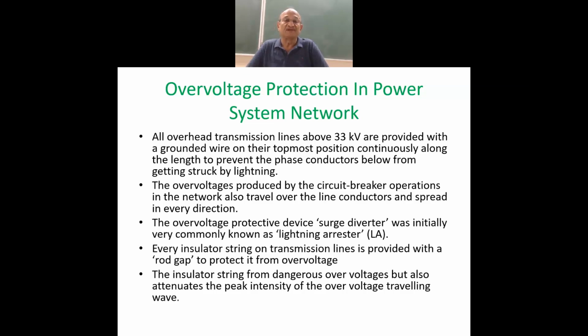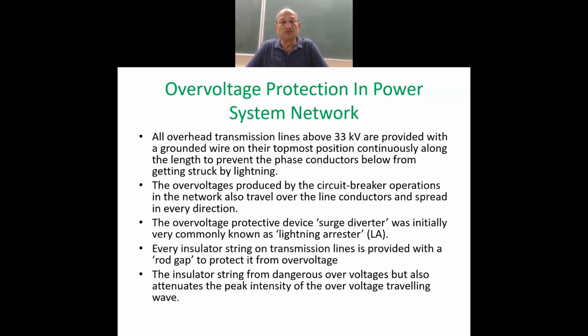That means the topmost wire, as I mentioned, is a grounded wire, and when the lightning strikes, the discharge current is given a path towards the ground, and it doesn't do any damage in that case.